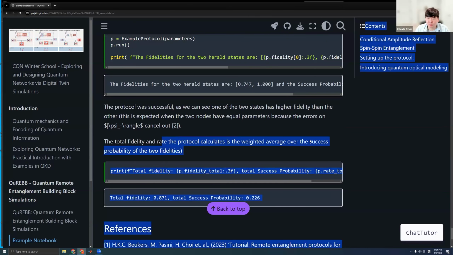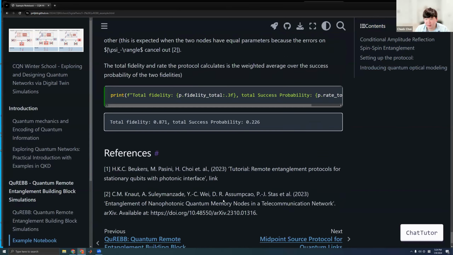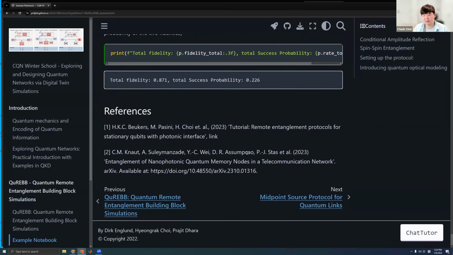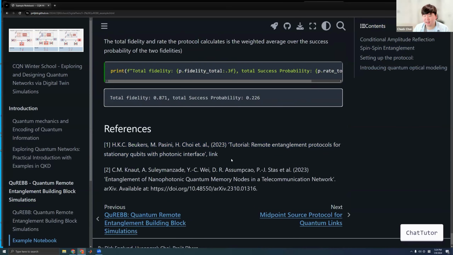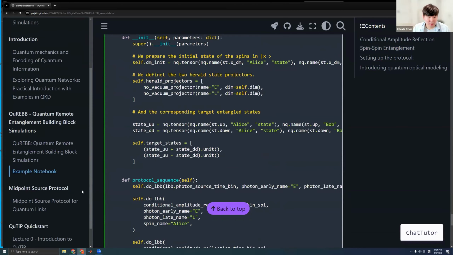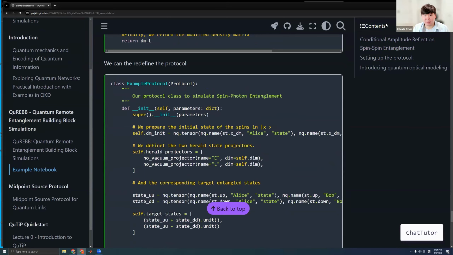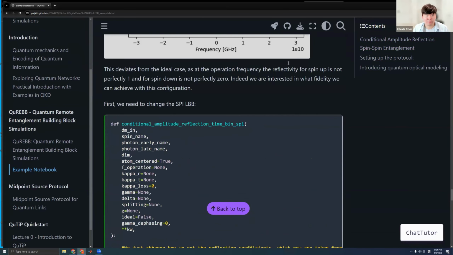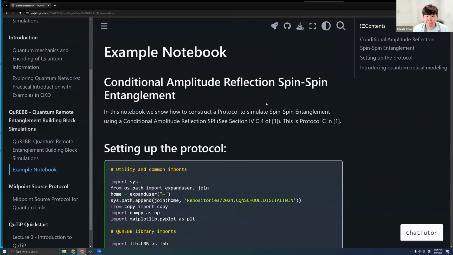And we can also do the weighted average of the different heralding cases, which are all shown here. And, explained in more detail in our paper here. So I guess that is all the part that I prepared for the introduction and the usage of the QRAP.